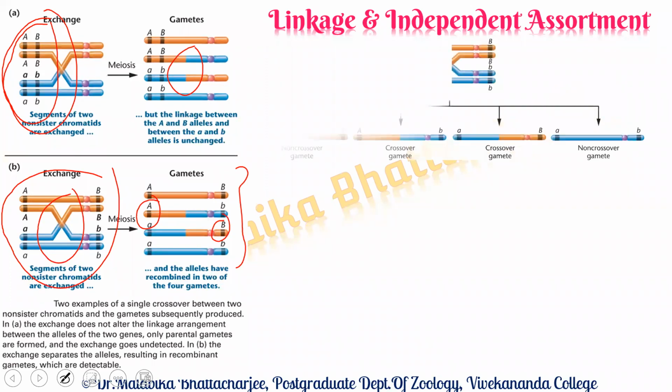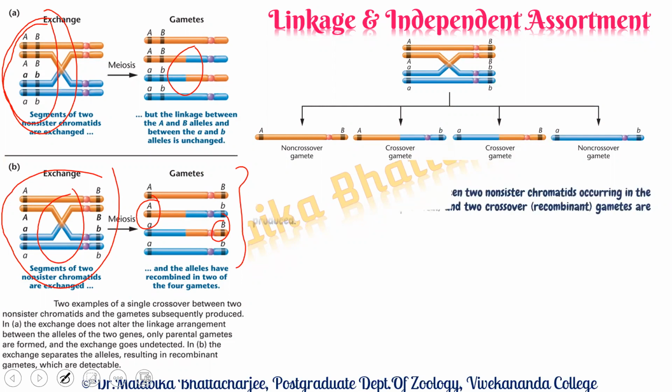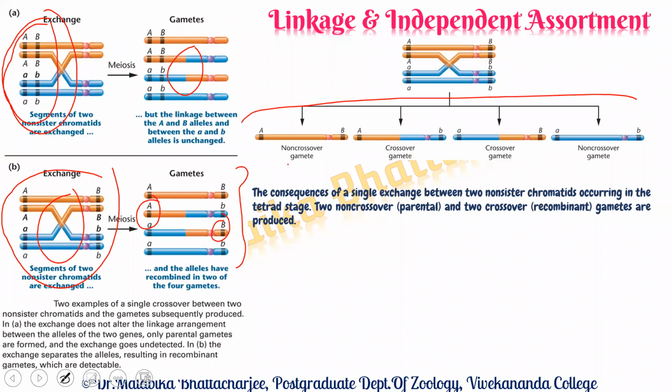So whenever there is a detectable amount of crossing over occurring, once more, we get 4 categories of gametes, 2 non-crossover products and 2 crossover gametes. So the consequence of single exchange between 2 non-sister chromatids occurring in the tetrad stage is always the presence of 4 categories of gametes, 2 non-crossover and 2 crossover gametes. So this should be kept in mind.